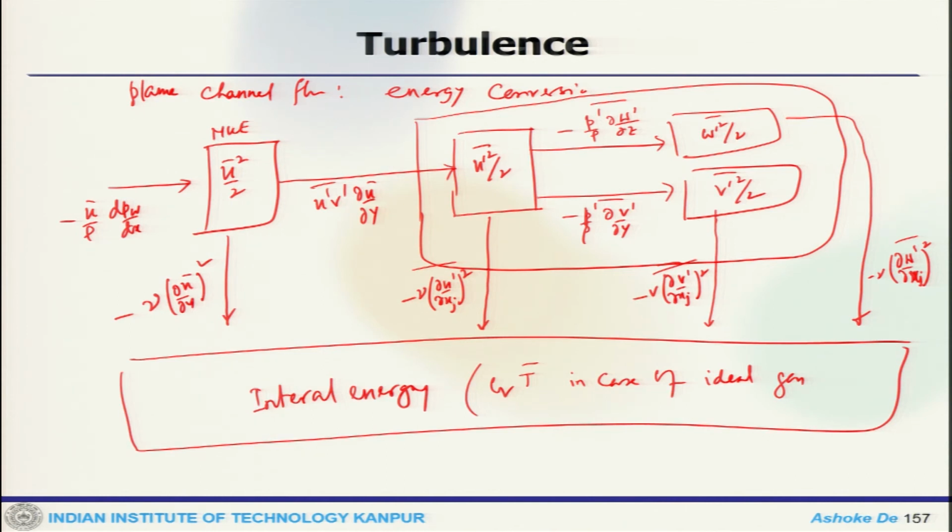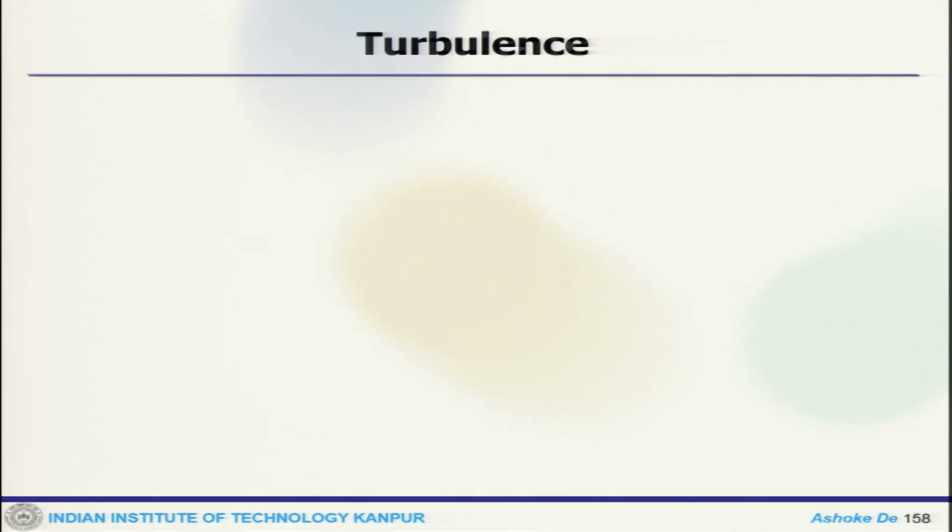Now, we move to another topic where you have the density which varies due to temperature. That means between two parallel plates we look at Rayleigh-Bénard convection.